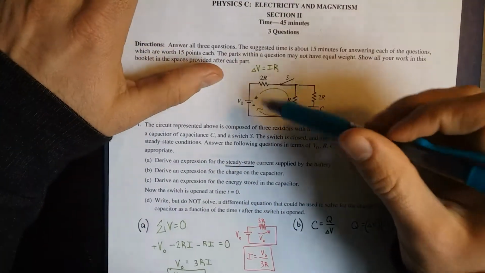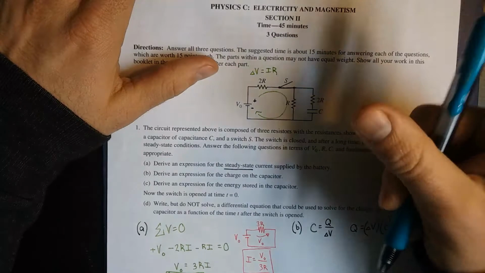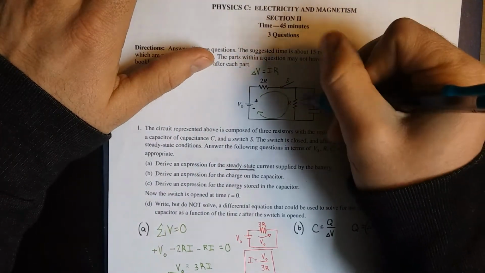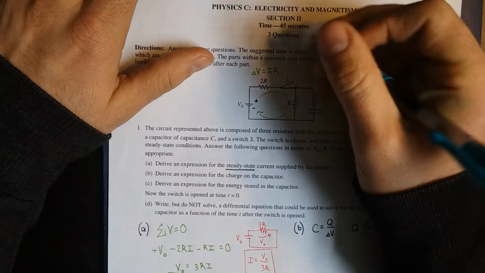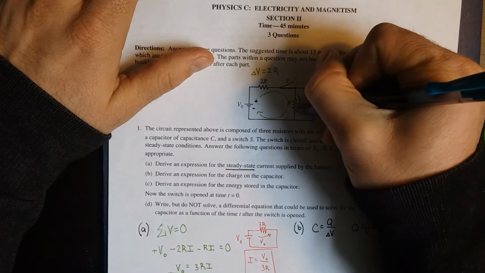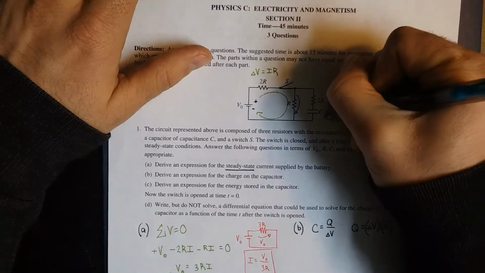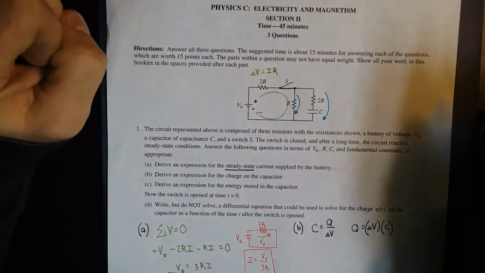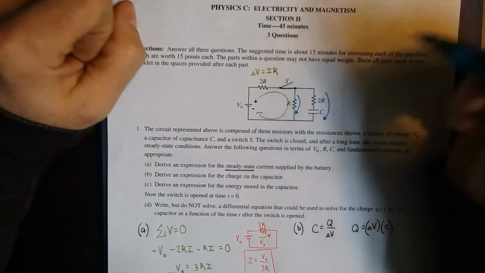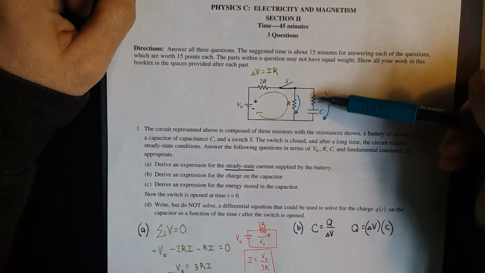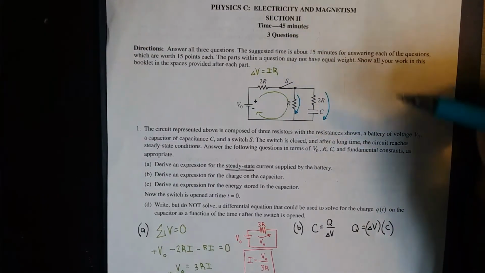Well, in this circuit, this capacitor branch is in parallel with this branch. So that means the same potential difference that drops here is also dropped here. But I know after a long time there's no current going through this resistor, so there is no potential difference across this resistor.